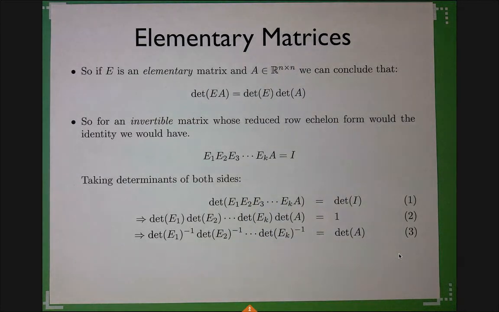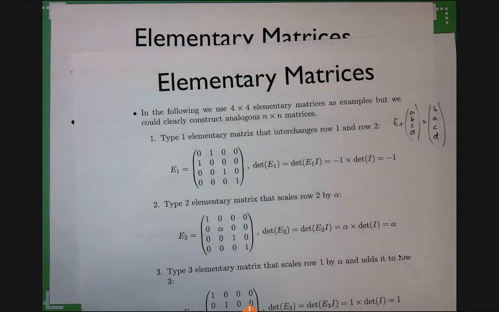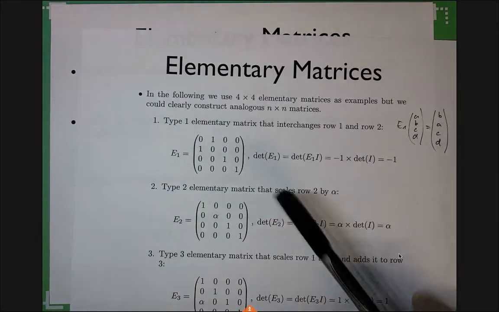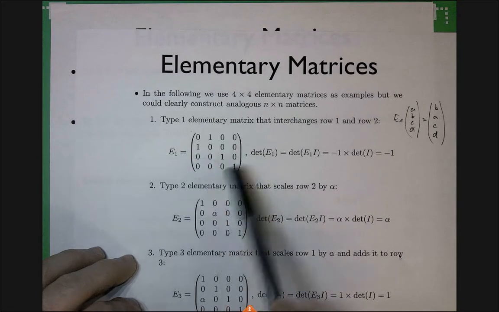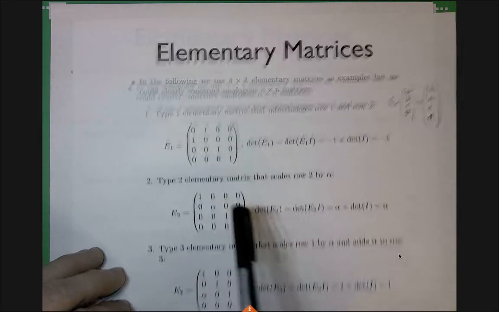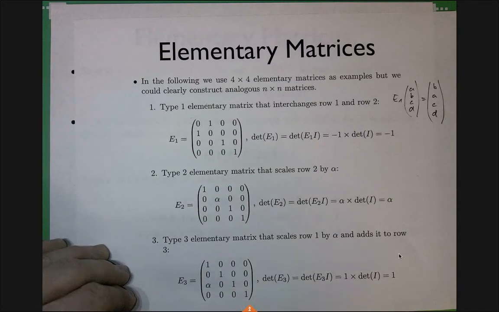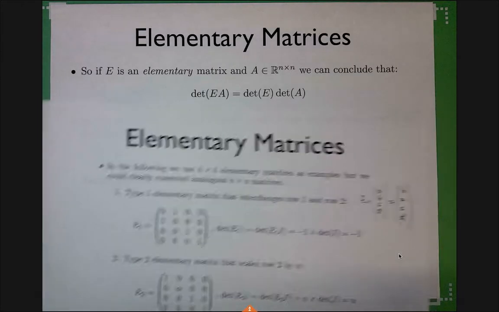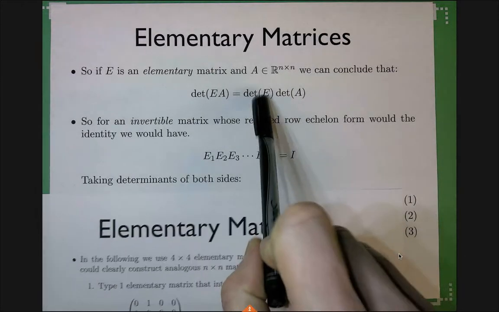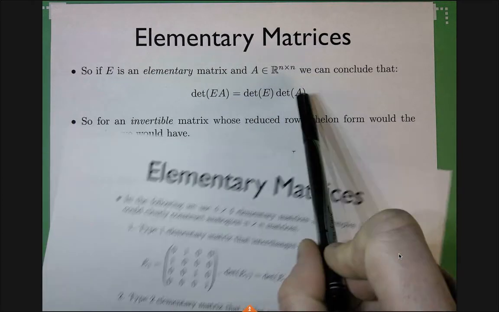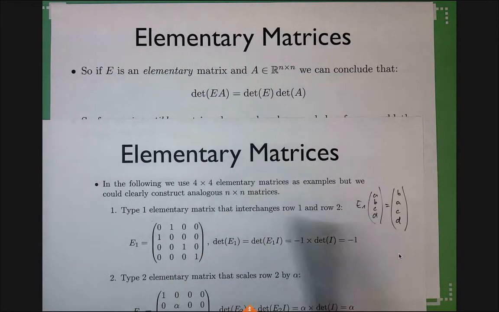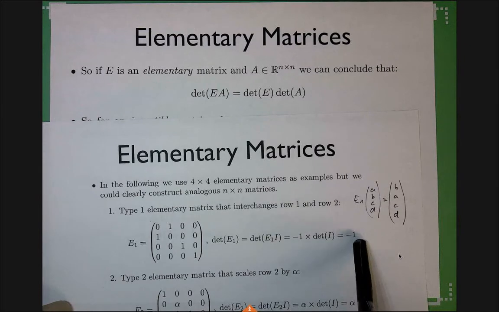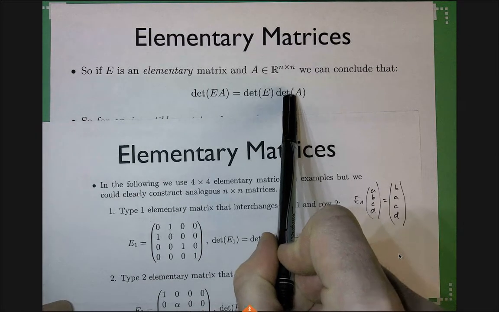And this is because we know what the elementary matrices are doing, right? The first one is swapping rows, the second one is multiplying a row by a scalar, and the third type is just adding a scale of one row to another row. In the first case, we know it changes the sign of the determinant, which means multiplying by -1, and the determinant of this matrix is -1, so this is true.